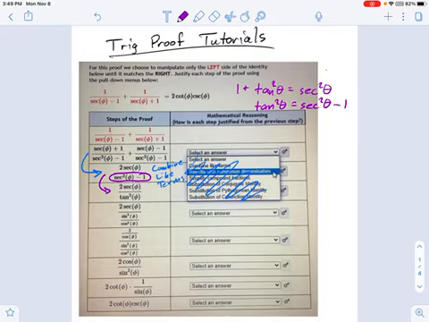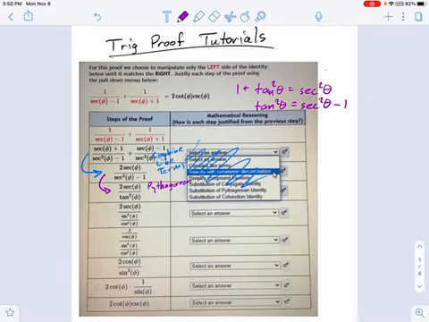So what would I call that? Well, I'm not exactly sure, but I'm guessing we should call that a Pythagorean substitution. Double check the list, see if that's there. I don't know how to spell it. It's probably an S in there. Okay, it's probably a Pythagorean substitution.